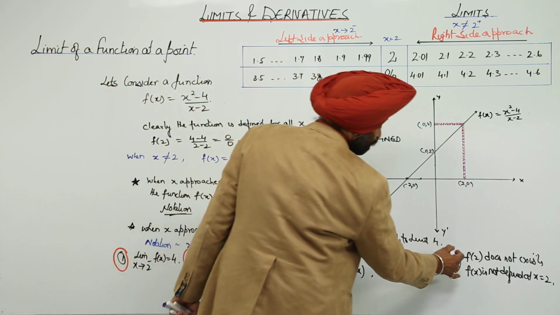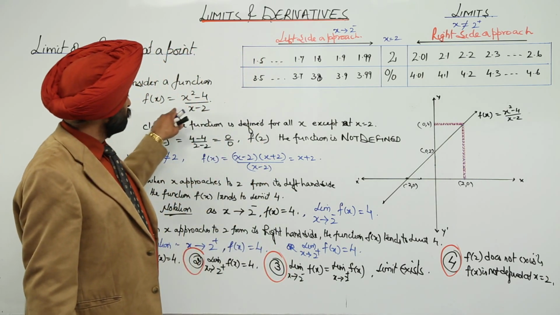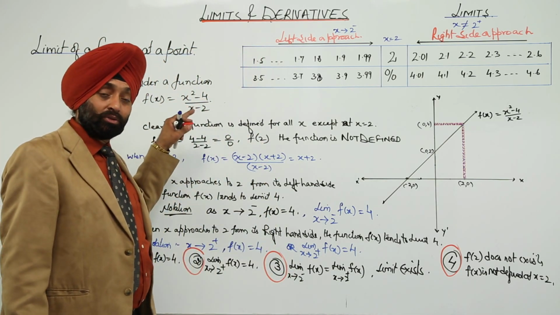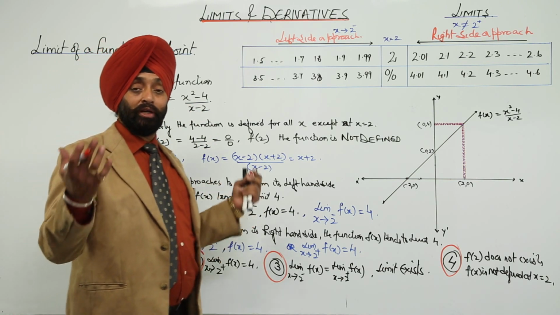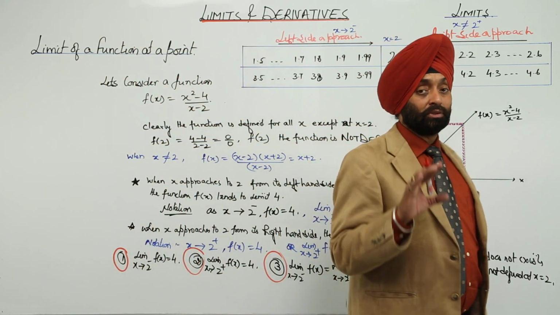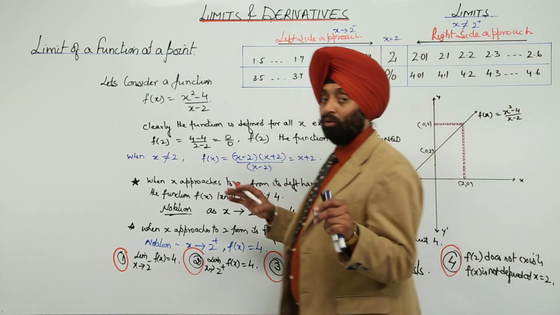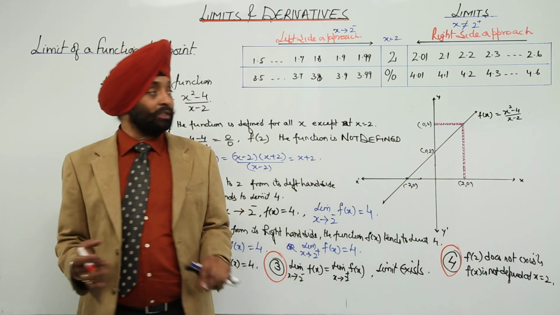And when we put in the original value at x equal to 2, because we know the numerator and denominator both will become 0, then the function does not exist, the limit does not exist. So this is the basic thing about the notations and the limits.